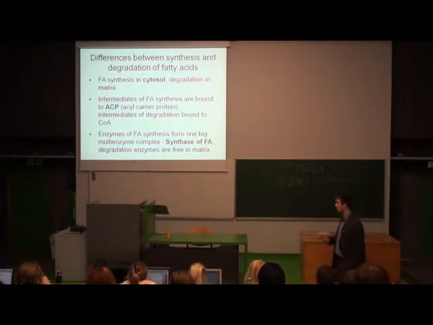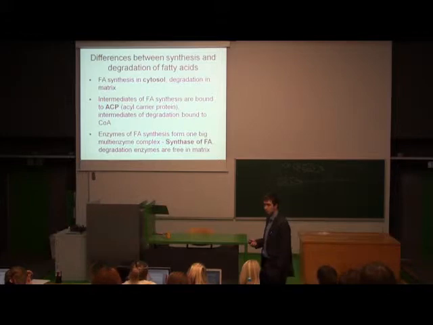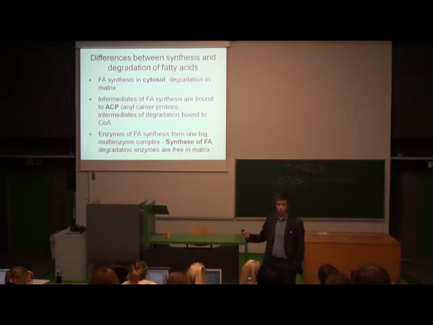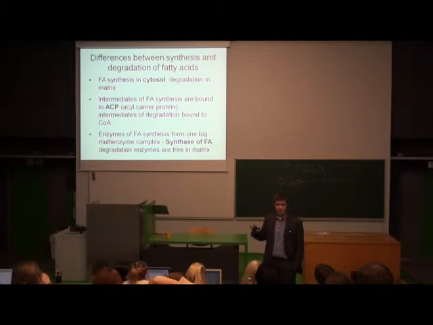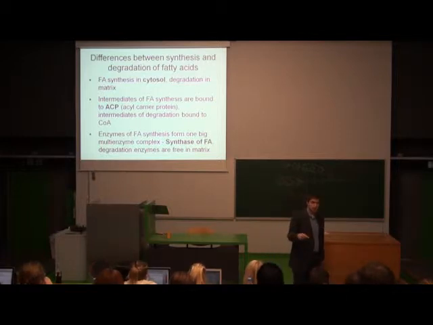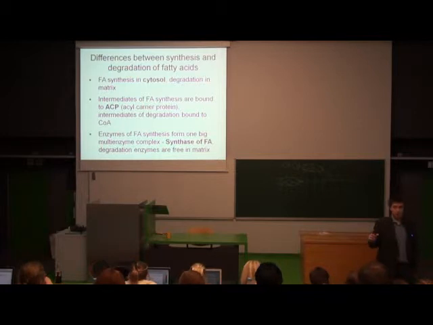Enzymes of beta oxidation are free in mitochondrial matrix. Enzymes of fatty acid synthesis form a big multi-enzyme complex that have 2 subunits with 6 domains. And this multi-enzyme complex is called synthase of fatty acids.